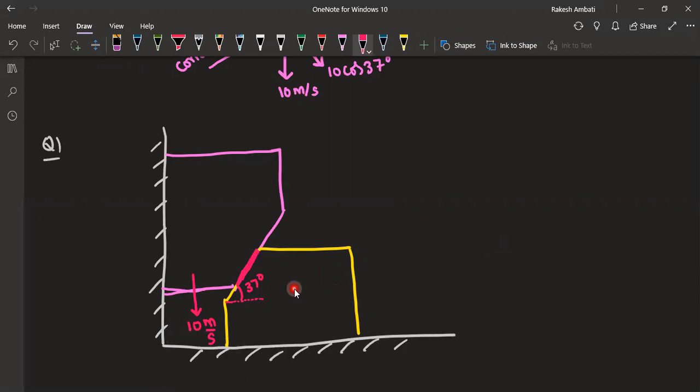It will move rightward with velocity v. So this velocity v we have to find out.